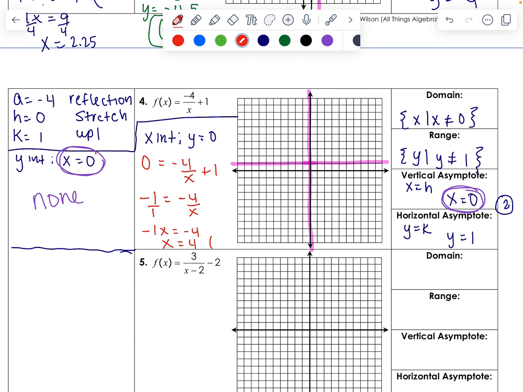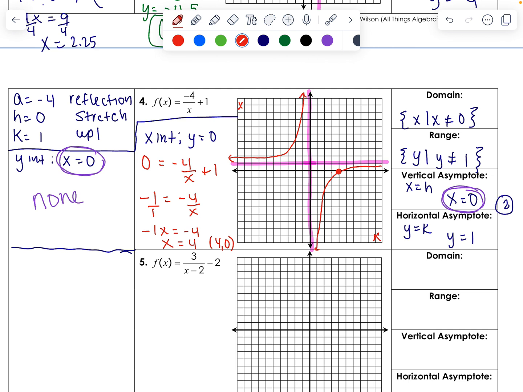So that means that it's at 4, 0. So I'm going to go 4, 0. 1, 2, 3, 4. And remember, if our A is negative, we are in this and this quadrant. So that means that we're going to go like this and like this. And there is our graph.